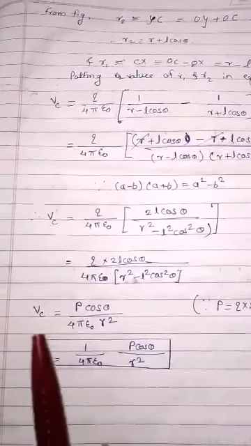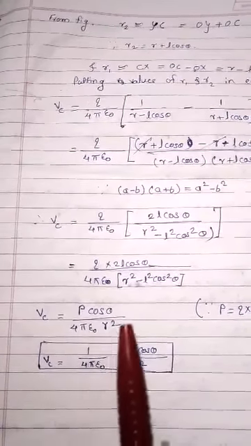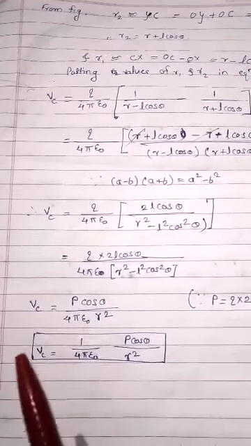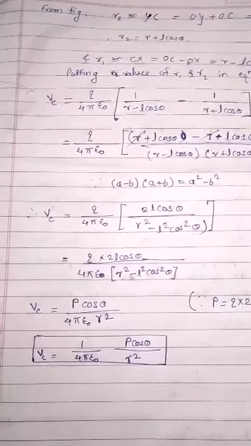Then we get Vc is equal to P cos theta upon 4 pi epsilon naught R square. So this is the expression for electric potential due to an electric dipole.